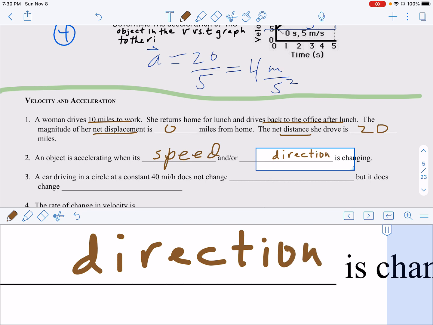Actually, there are 3 ways you can accelerate your car. You can push on the gas pedal, you can push on the brake pedal, or you can turn the steering wheel. So you can increase or decrease speed, or you can change the direction that the car is going.